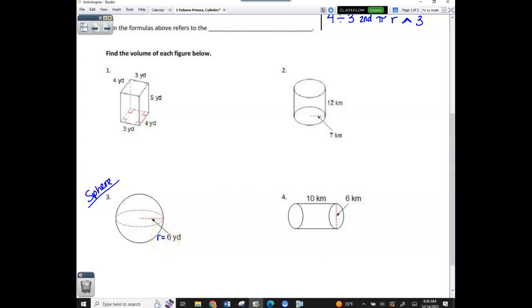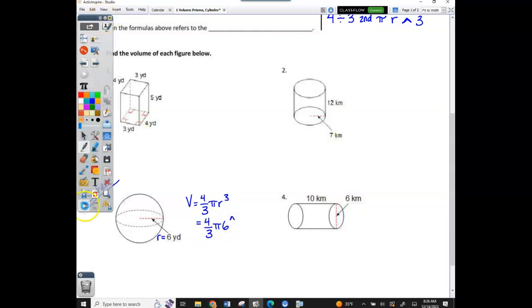I'm going to copy the formula. V is 4/3 pi r cubed. I'm going to plug in r on the paper. Oh, I wrote the caret. Hold on. I got excited. All right. So that's what we need to type in our calculator. 4/3 pi 6 cubed.